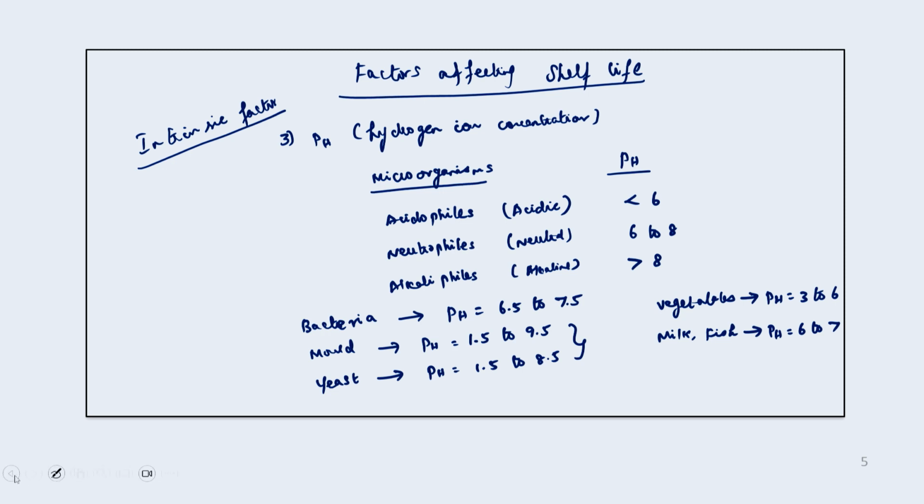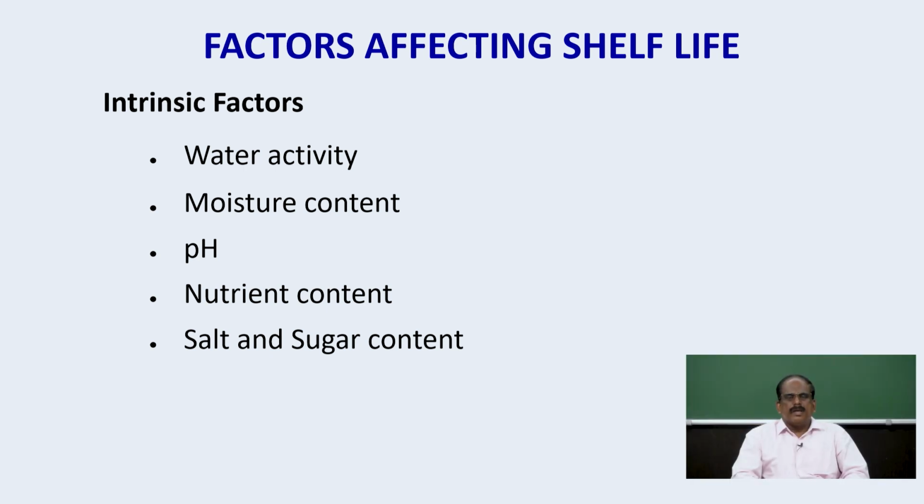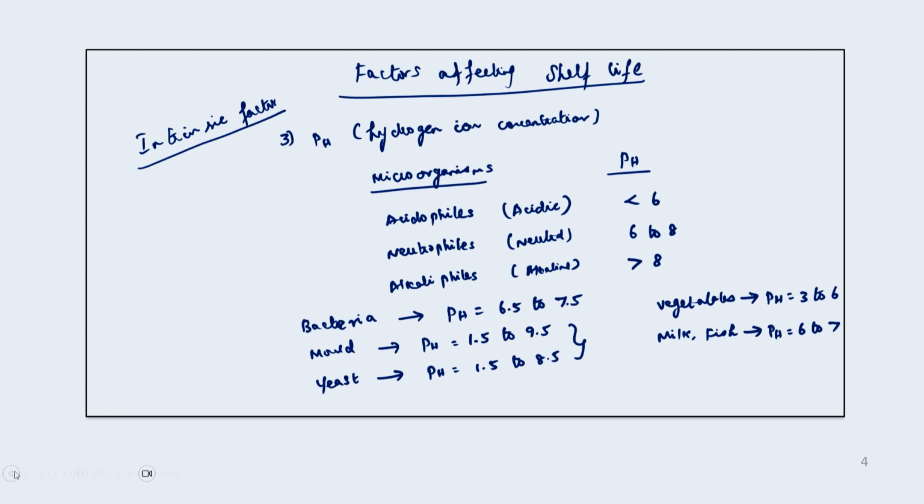So let us move to the next factor, nutrient content. The presence of nutrients also plays a major role in affecting the shelf life of the product. So pH is the third one, and the fourth one is nutrient content.